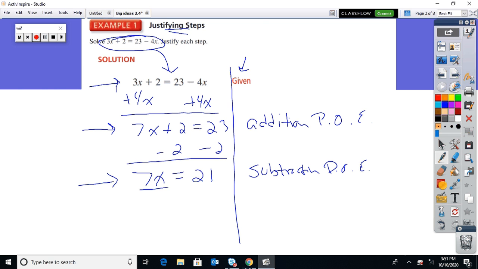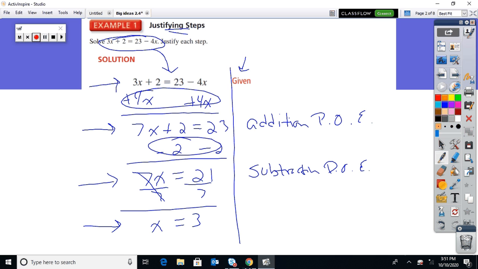And then, of course, our final step would be to divide by 7. So that takes us to x equaling 3. So there's the final line. And you might not even have the work like I'm doing, like this step and this and this. So it might just be like where my arrows are. But regardless, what got you to that point now is the division property.